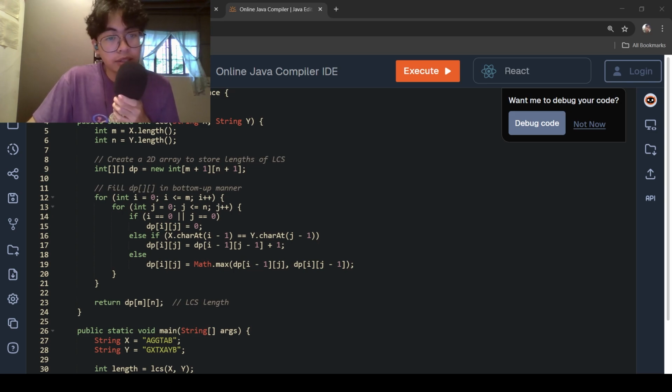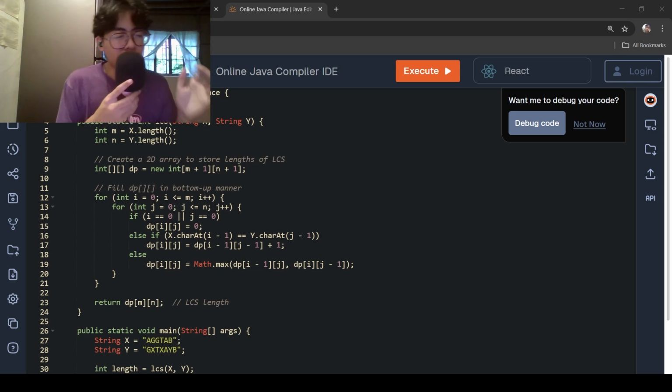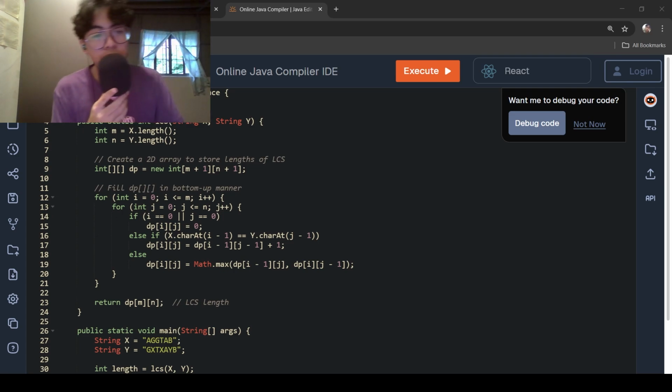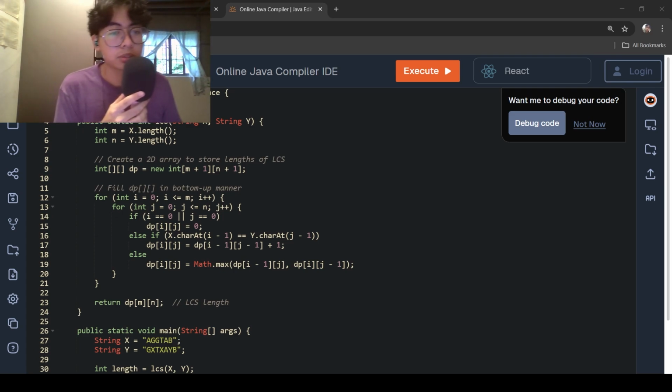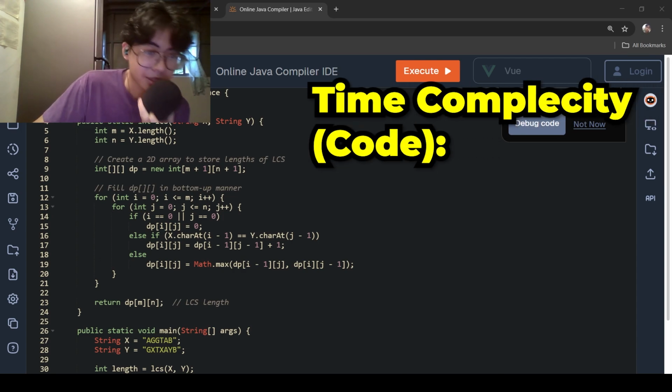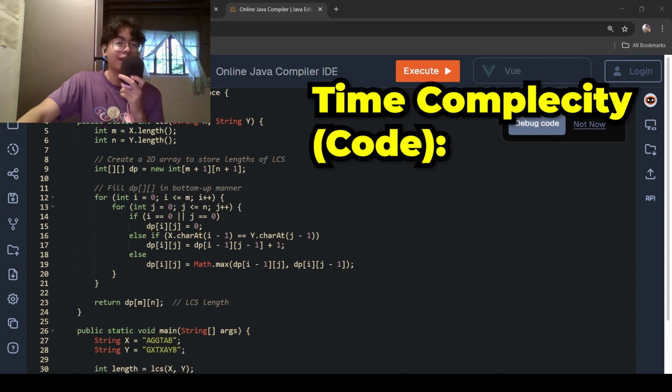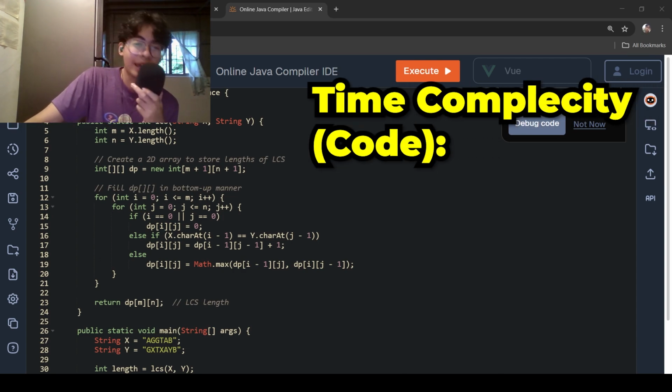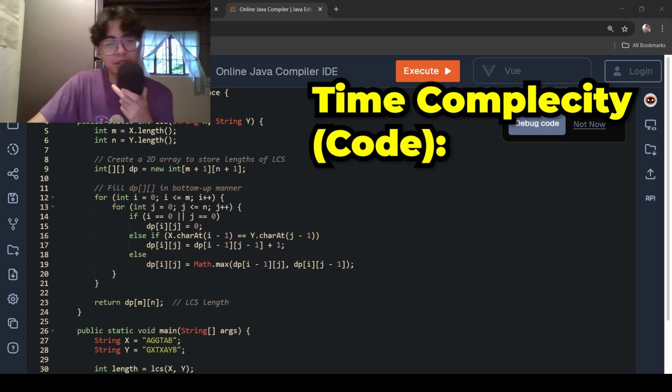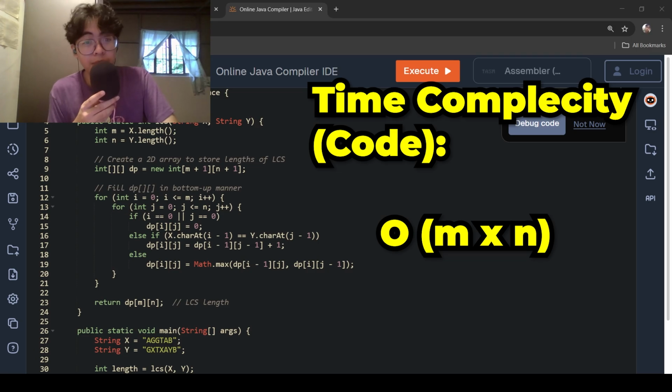The algorithm for this is that instead of re-solving subproblems, DP fills a table to store previous results. So the time complexity is that with strings of length m and n, it fills an m times n table, which is big O of m times n.